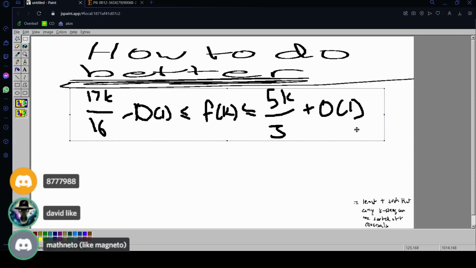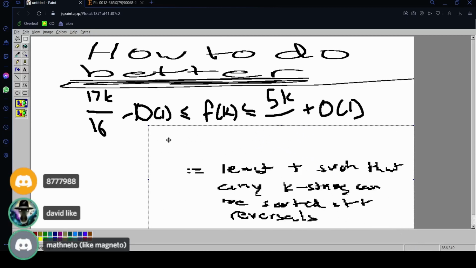We'll move this up, and now to zoom this out a little bit. It's basically just the least t such that any k string, or basically any rearrangement of the numbers 1 through k, like a permutation written as a string, can be sorted by using at most t prefix reversals.